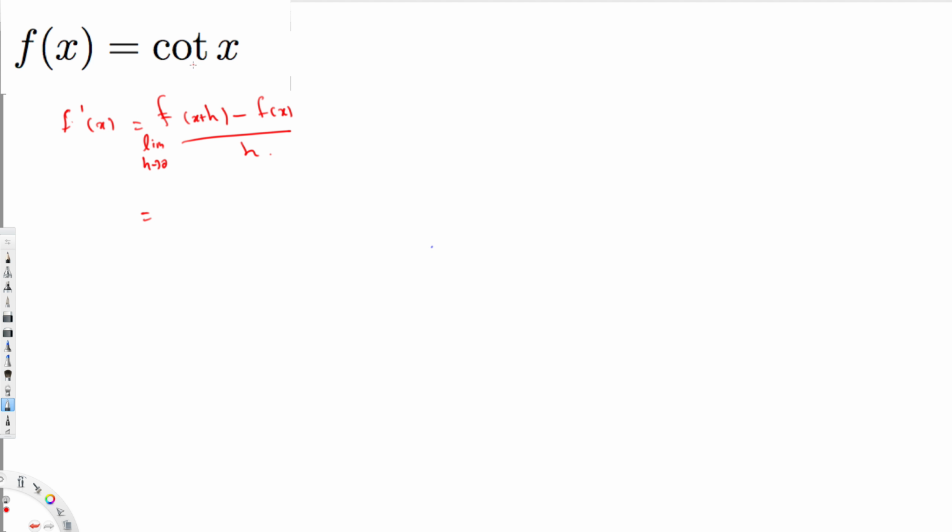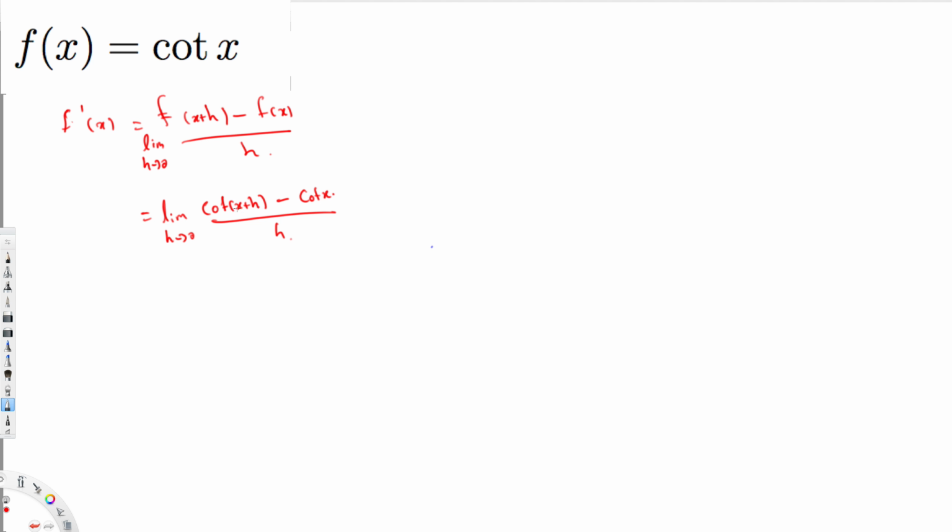In this case, what you have to do is simply substitute x plus h in these equations. It's going to be the limit as h approaches 0 of cot of x plus h, then minus cot x, over h.